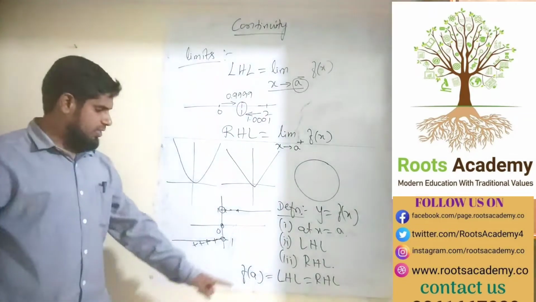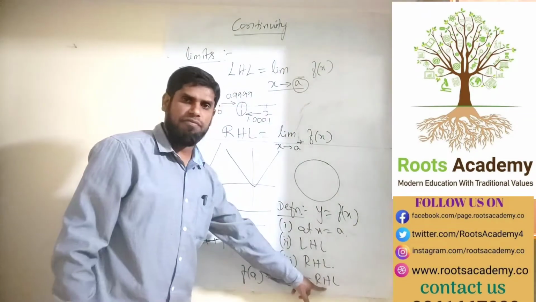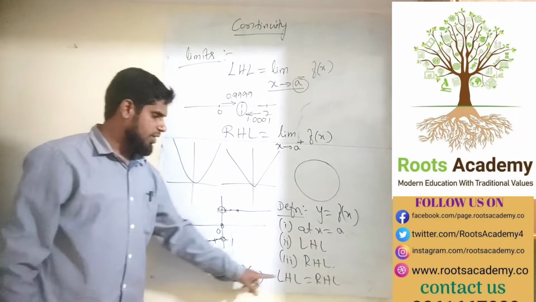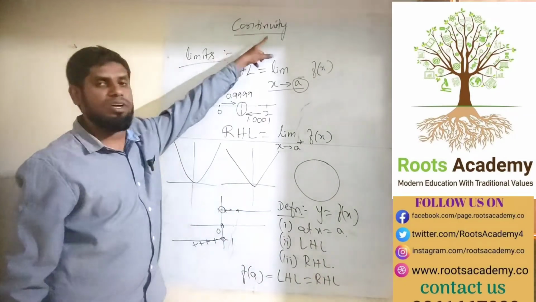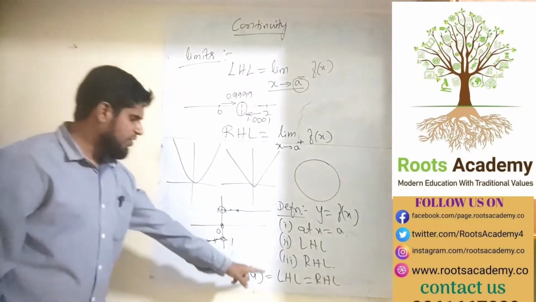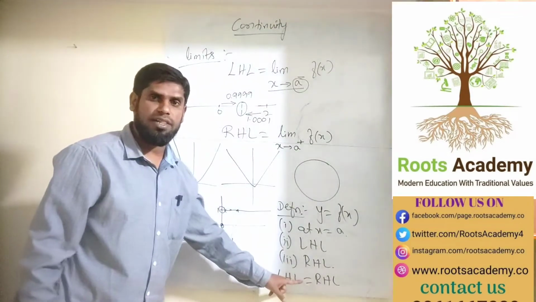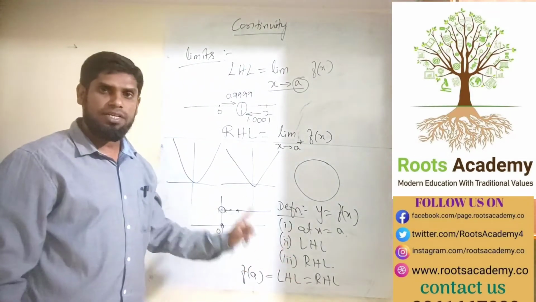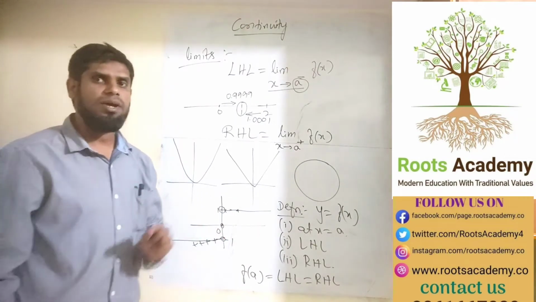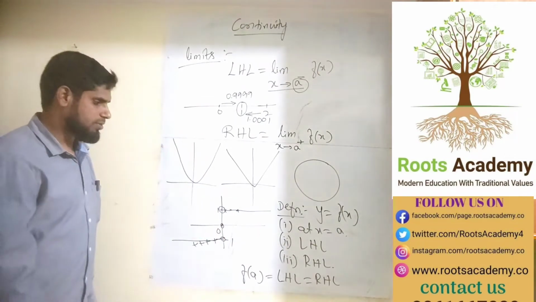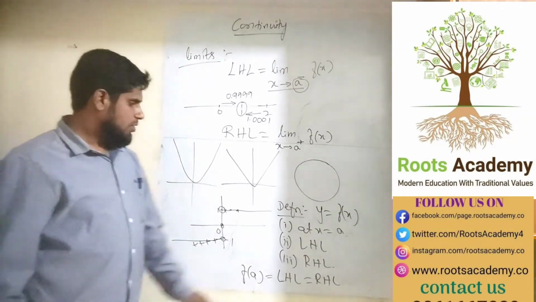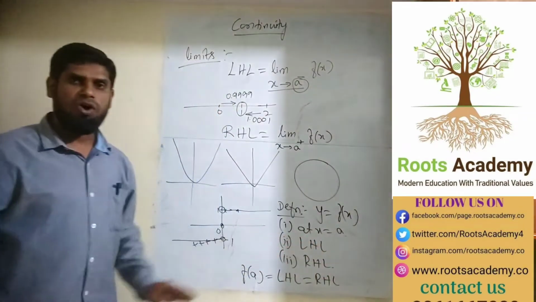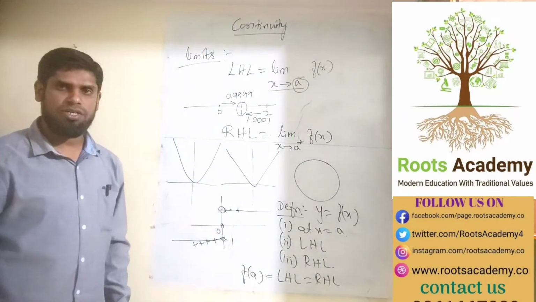If these three are equal for any function, then we will declare that particular function is continuous. If any one is different, then we will declare that the given function is discontinuous at that particular point. So this is about the definition and meaning of continuity of a function.